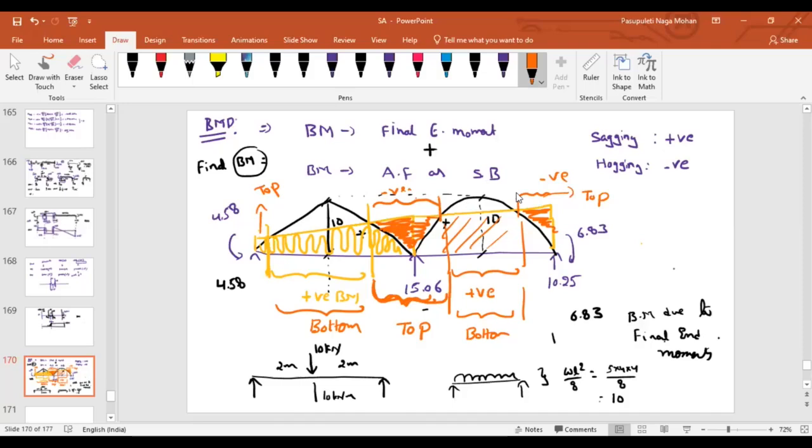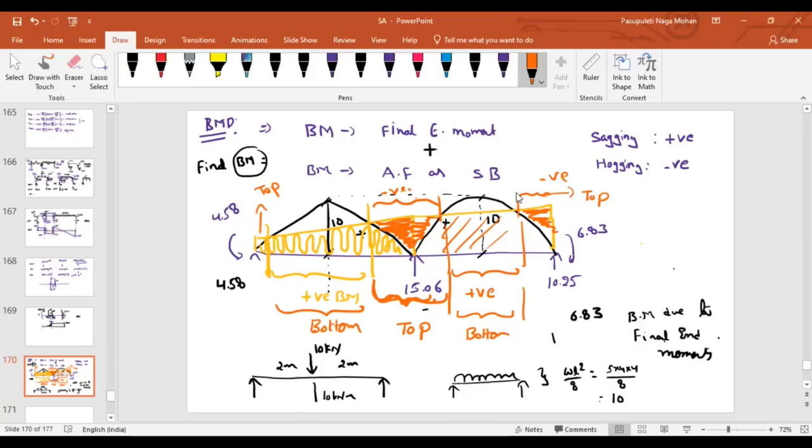Clear, sir. Shear force diagram, bending moment diagram and support reactions. Yes, sir. When we are talking about the moment distribution method, the only difference from this method is the final end moments.